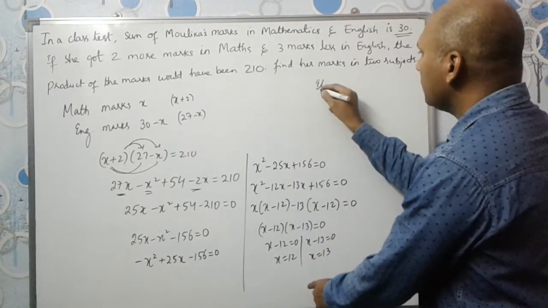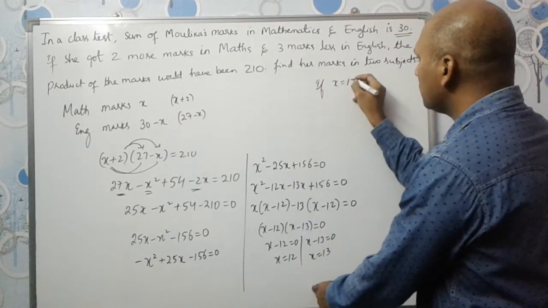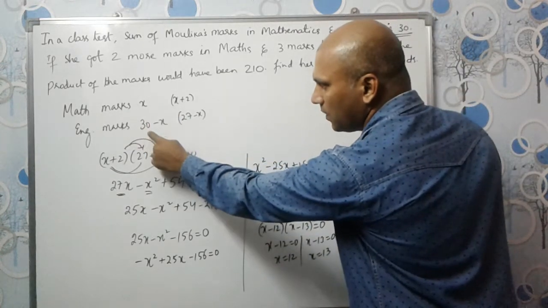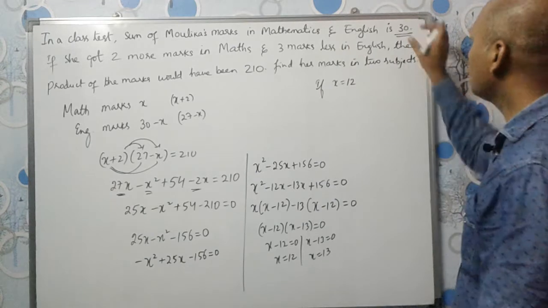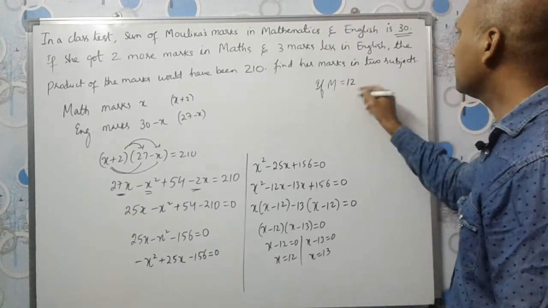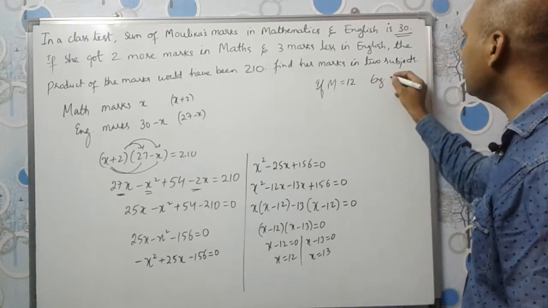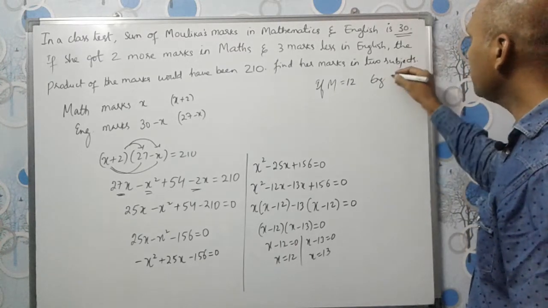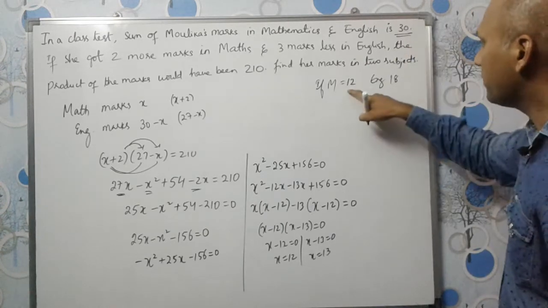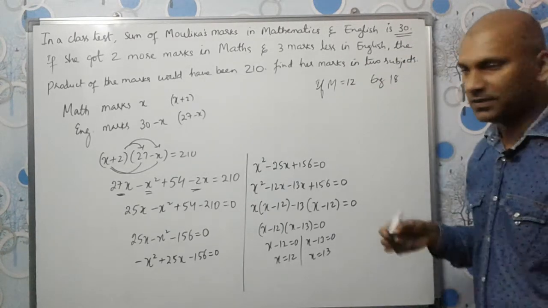So if we take x is equal to 12, what will be the English marks? Total should be 30. So if math marks are 12, English marks are 18.